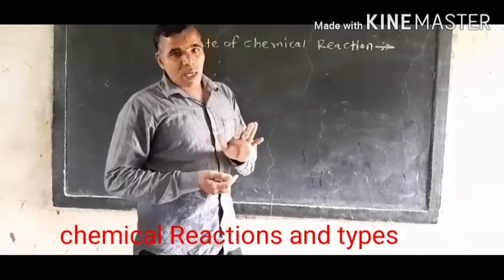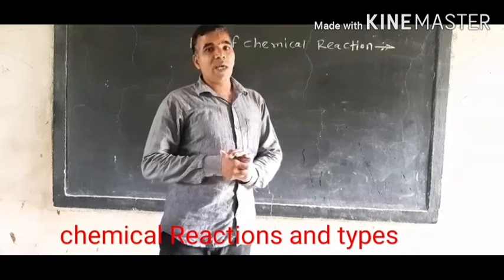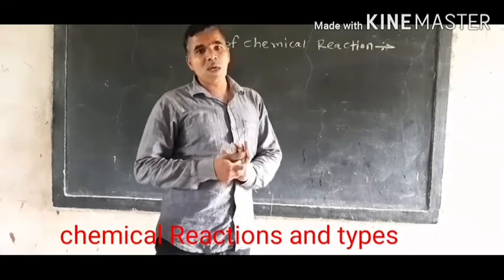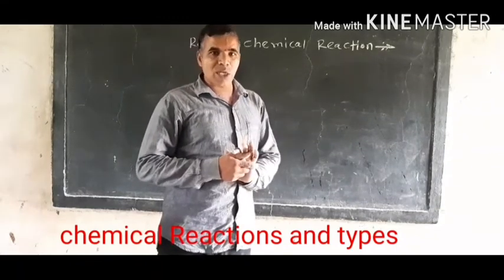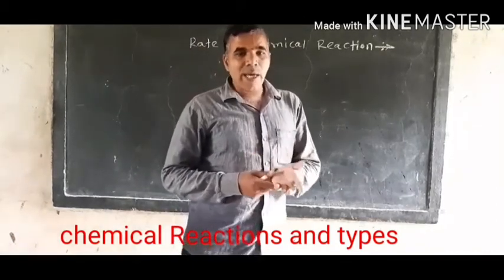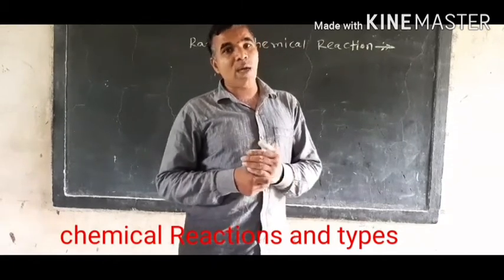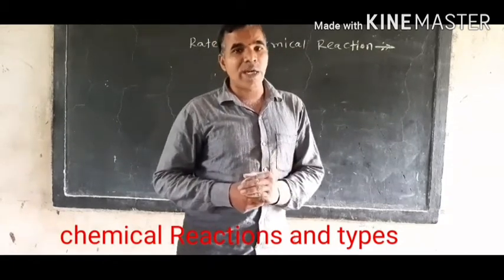Oxidation means the chemical reaction in which gain of oxygen and loss of hydrogen is called as oxidation. And reduction means the chemical reaction in which gain of hydrogen and loss of oxygen is called as reduction.